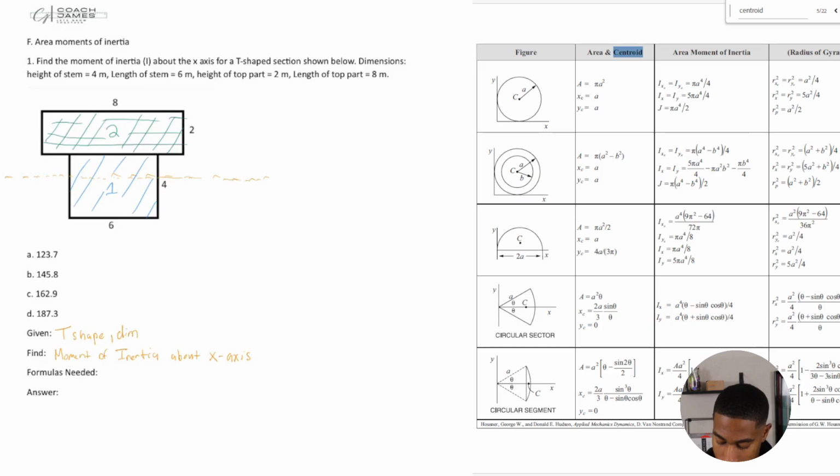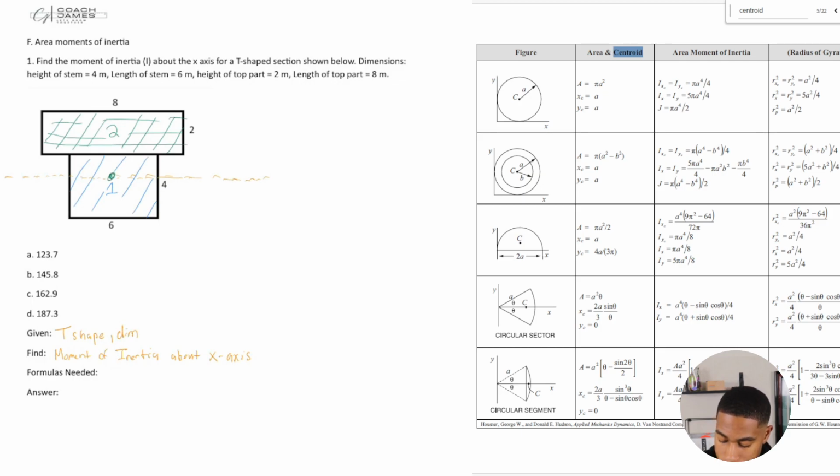Okay, and the reason why, I'll go ahead and go through the reasoning why. When you're finding moment of inertia, the main piece is dependent on the axis that you're going around. So basically what we're trying to do is find the centroid of the entire piece, which I think is roughly there.